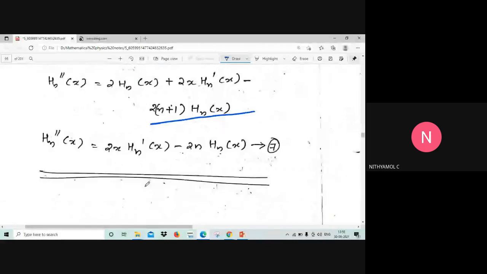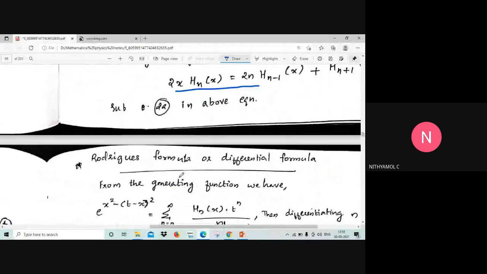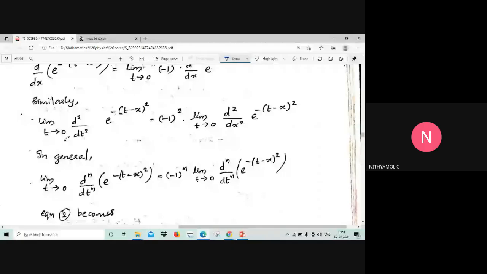Now the Rodrigues formula, or differential formula, of Hermite polynomial. We can start from the generating function e raised to 2tx minus t square is equal to summation over n is equal to 0 to infinity hn x t raised to n by n factorial.